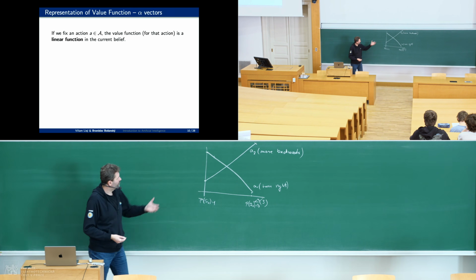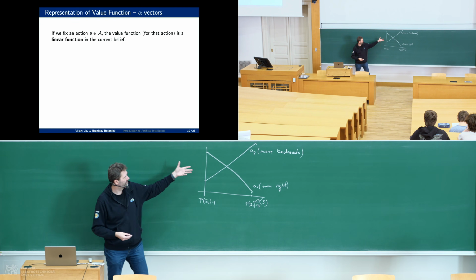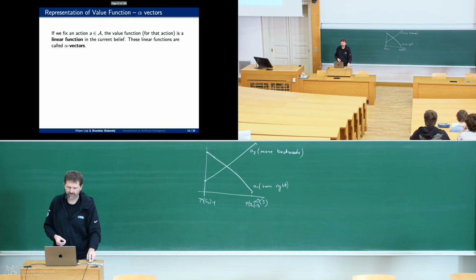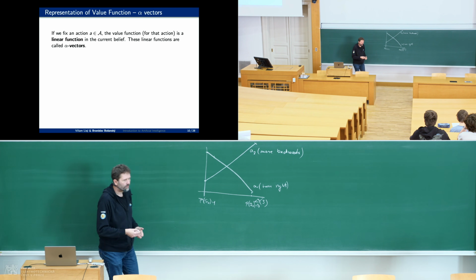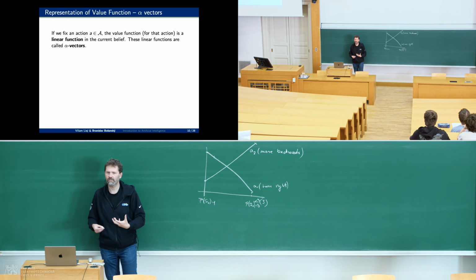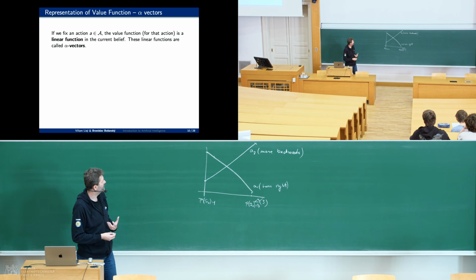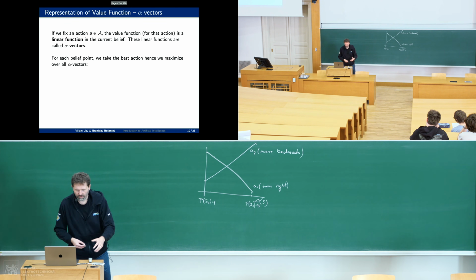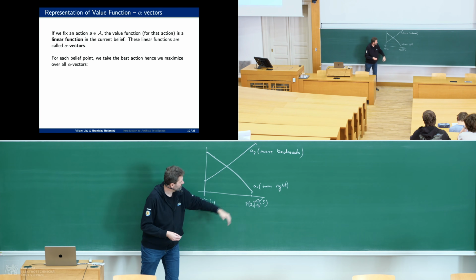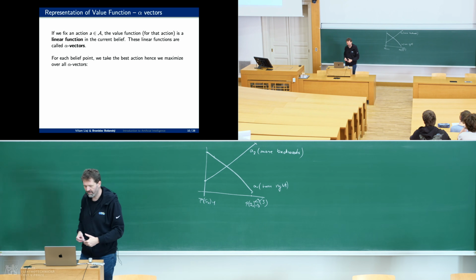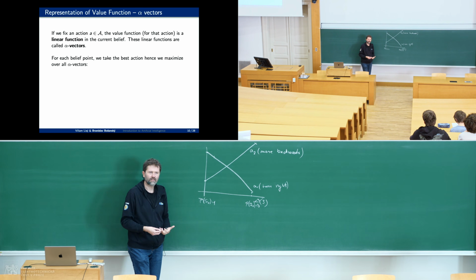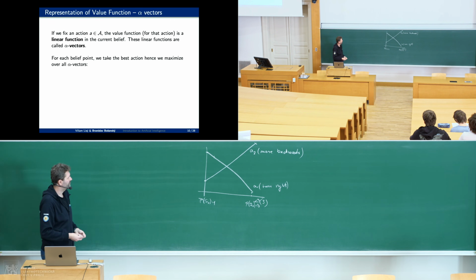So for every such policy, I can have these linear functions, and these linear functions are called alpha vectors, and this is what we are going to use to represent and to find the optimal policy, right? So why is that? Let's imagine that I can have these linear functions for all actions, and one action is basically a one-step policy.